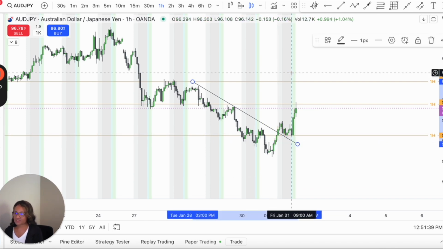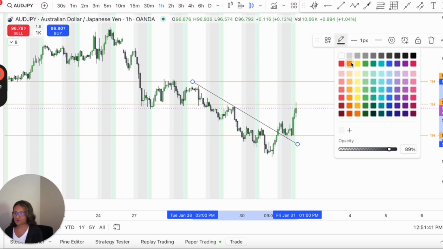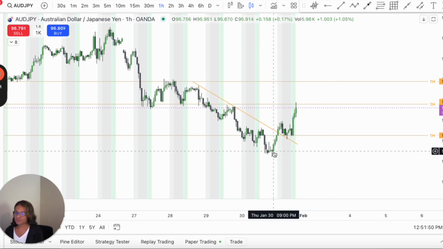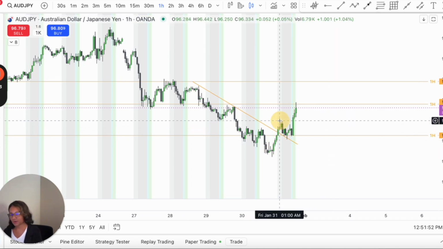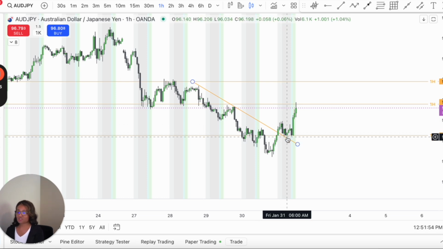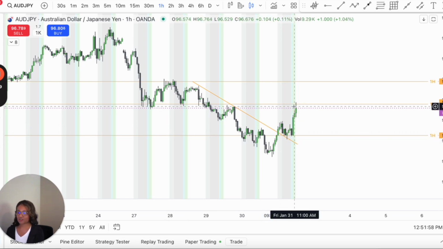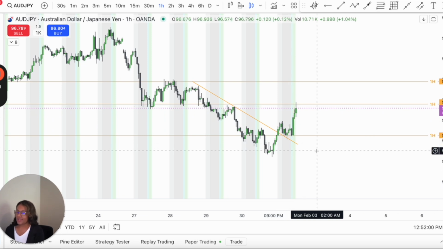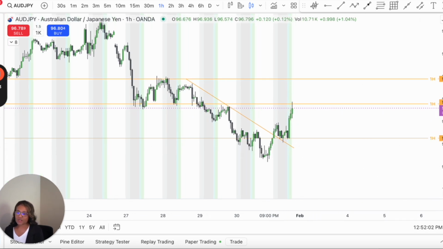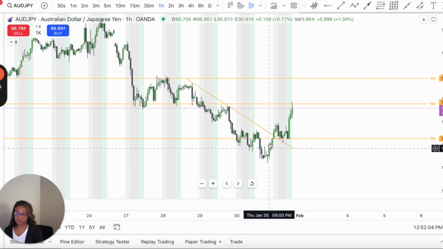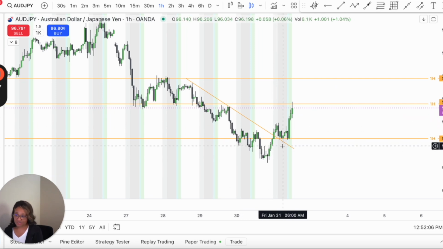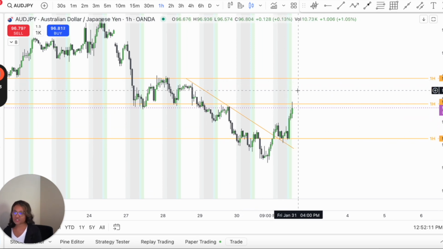We'll make this orange to remind us that this is on the 1 hour time frame. Price came up to break this trend line, retested it here, and then continued upward. So this is a nice example of a break and retest to the upside: a break to the upside, a retest of the trend line, and continued price action upward.